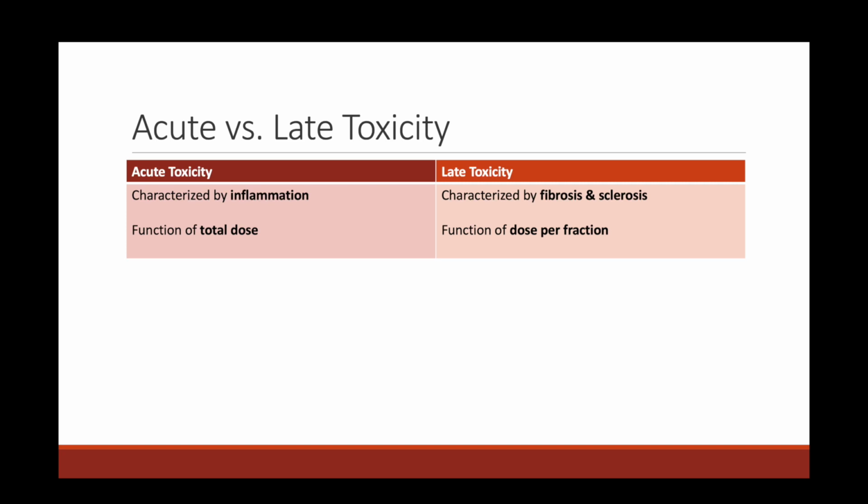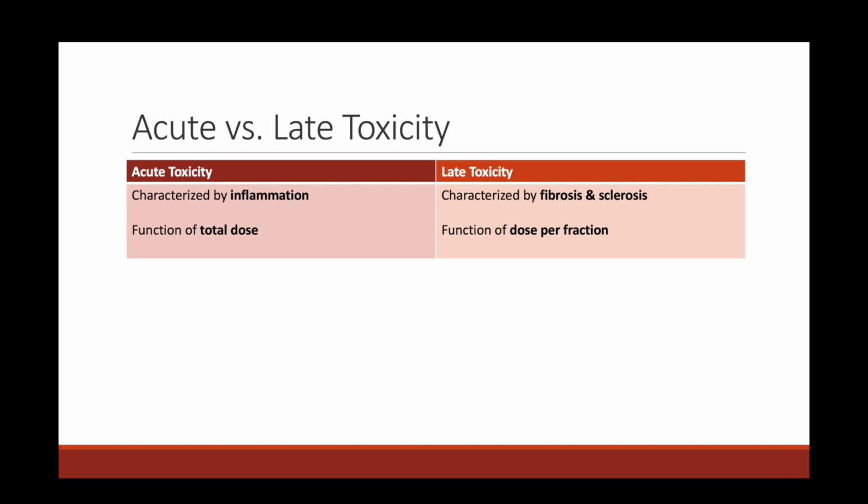The reason we deliver a lower dose per fraction in the context of re-irradiation is because we know that the total dose is probably going to be the same, and so we're not really going to impact acute toxicity. But what we're trying to do is take advantage of the fact that late responding tissues are more sensitive to fractionation, and so they are more going to be subject to the sparing effects of fractionation.